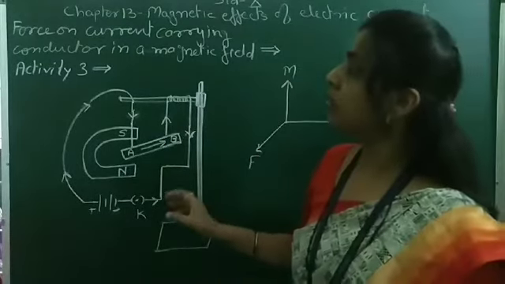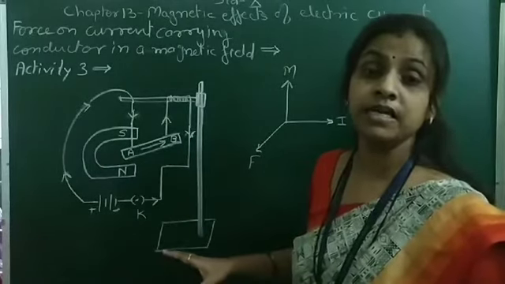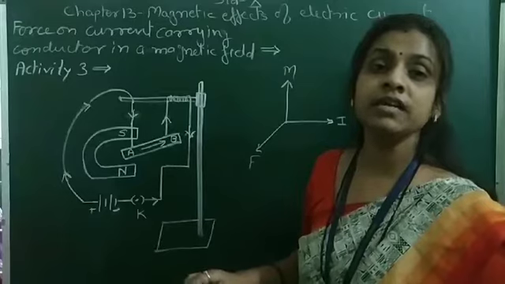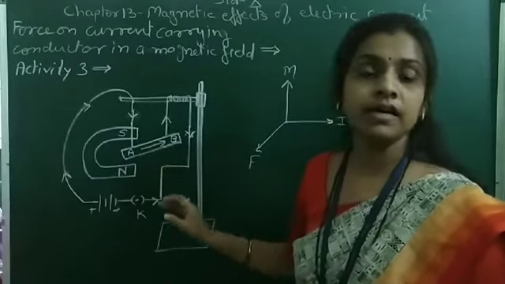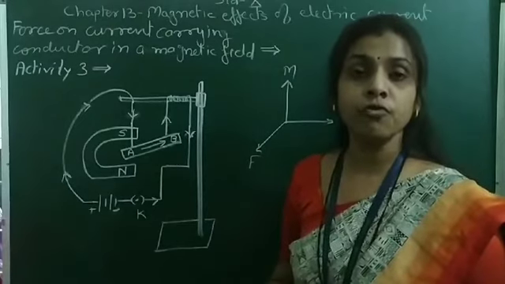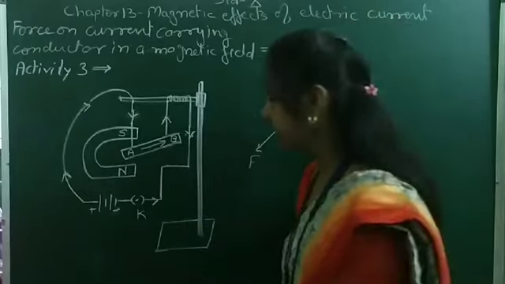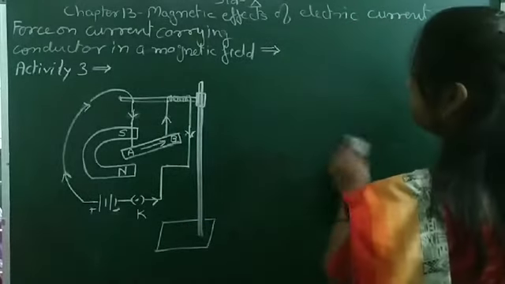What does this activity represent? This activity represents how force is exerted by a magnetic field on a current carrying conductor, and it also gives the direction of force, the direction of magnetic field and the electric current.